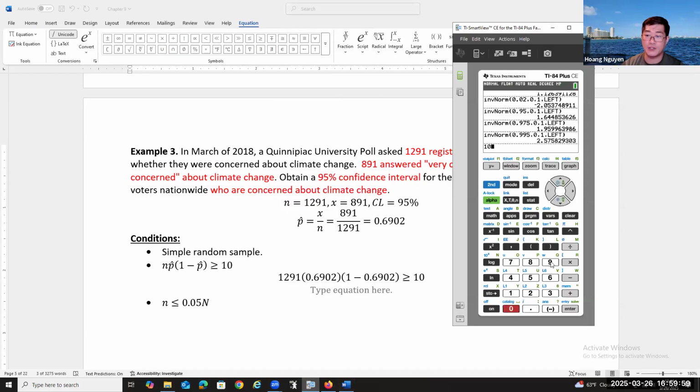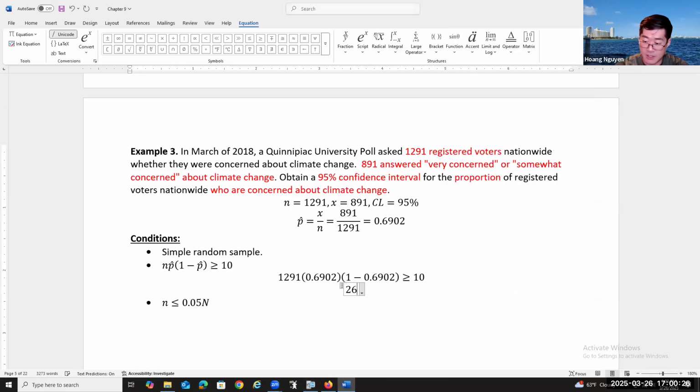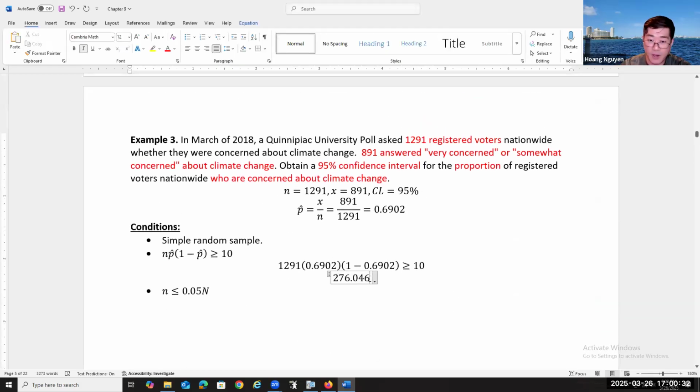Okay, 1,291 times 0.6902 times parenthesis 1 minus 0.6902. Okay, we got 276.0467, which is more than or equal to 10. So this condition is true. Okay, yeah. So the second condition is okay.